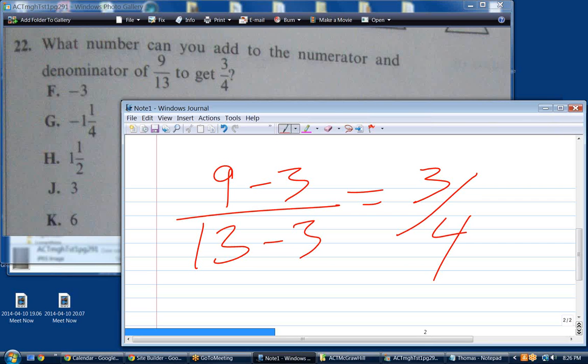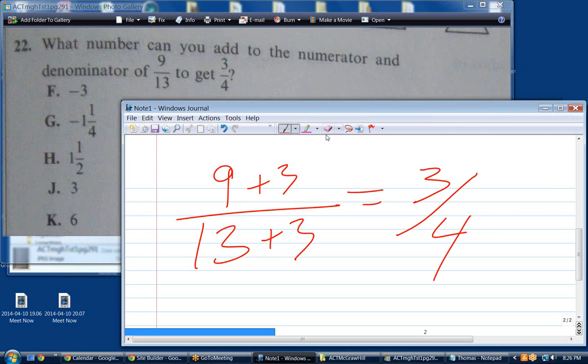Minus 3, no. Okay, so we'll try the next easiest, which is plus 3, and that happens to work. So the downside of back solving is you might have to try all 5 answers before you find one that works. Now, back solving works super good when you know which way you have to go.